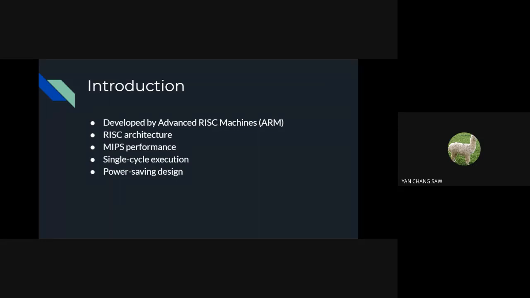With that, the processor can operate at a higher speed, with millions of instructions per second. Thus it is called MIPS performance. Another feature is that the ARM processor mostly operates at single cycle execution and saves power.